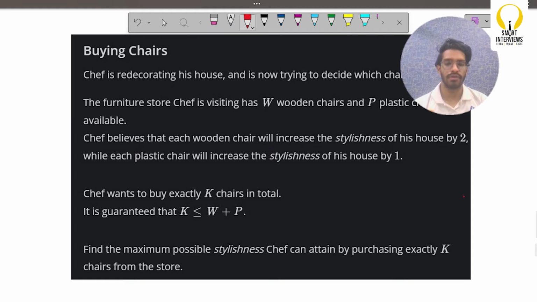So you have to figure out the maximum stylishness that chef can attain by purchasing exactly k number of chairs. So let us try to understand this problem statement in more depth by looking at a few examples.